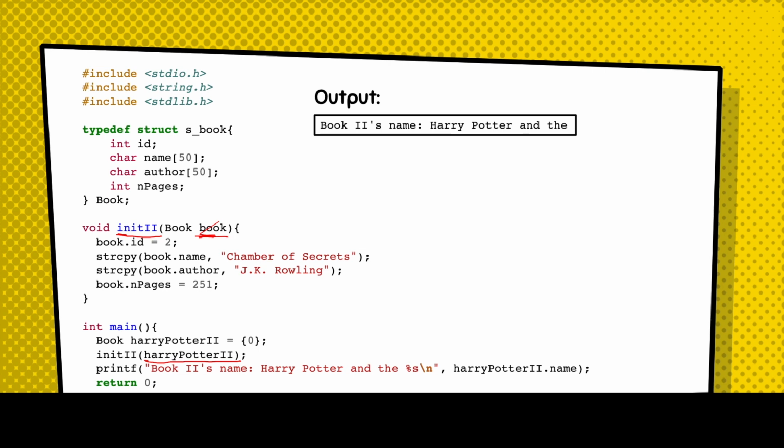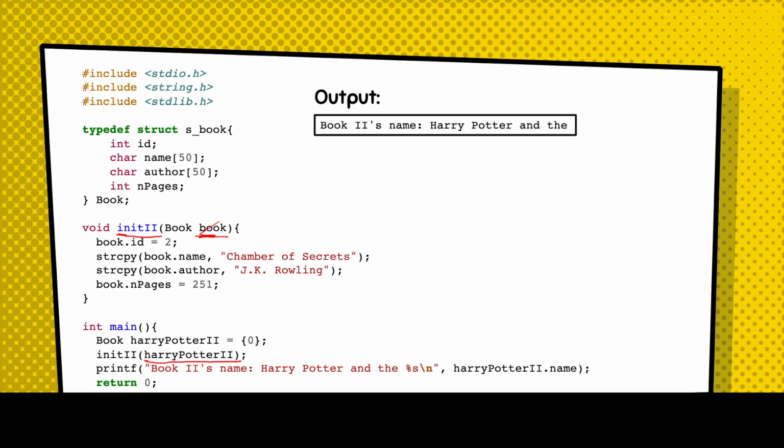What does this mean? This means that when function init2 was called, Harry Potter 2, this specific variable, is actually copied into this function, and then it's assigned those values over there. As a result, the actual Harry Potter 2 variable, which is defined and declared in main function, will not actually be assigned with those values.